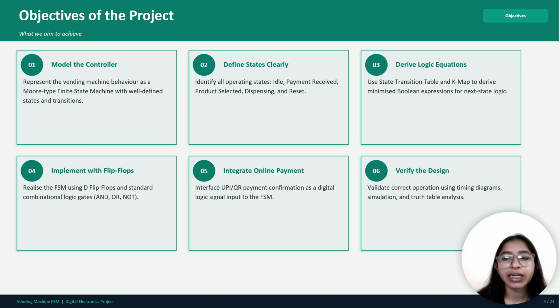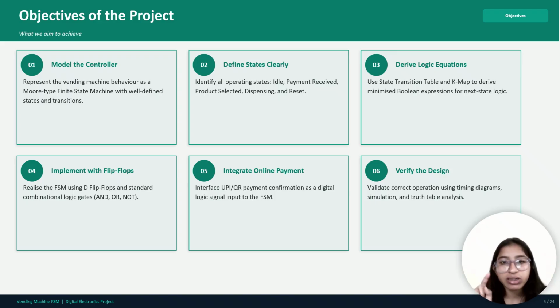So the objectives of our project are clearly defined. First, to model the controller as a Moore type FSM with well-defined states and transitions. Second, to identify all operating states: idle, payment received, selection mode, and dispensing. Third, to derive and minimize Boolean expressions for next state logic using the state transition table and K-maps.